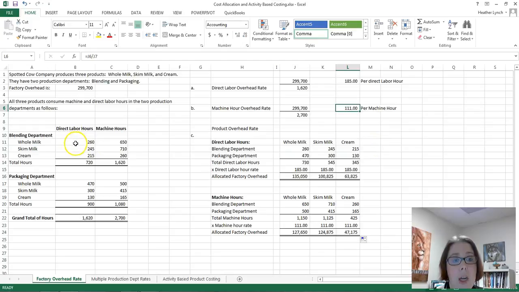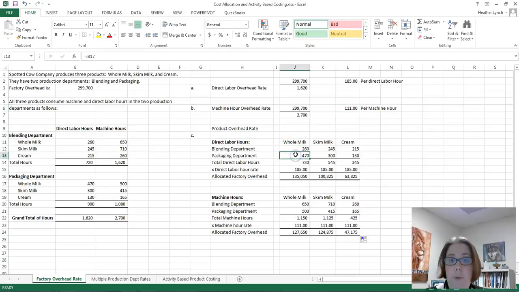Then we had the information that showed us exactly how much we had per hour for whole milk, skim milk, and cream, for direct labor hours and then machine hours. We used the rate that we figured up above, and now we have our total cost allocated to both of them. So hope that helps, and I will see you in the next part.